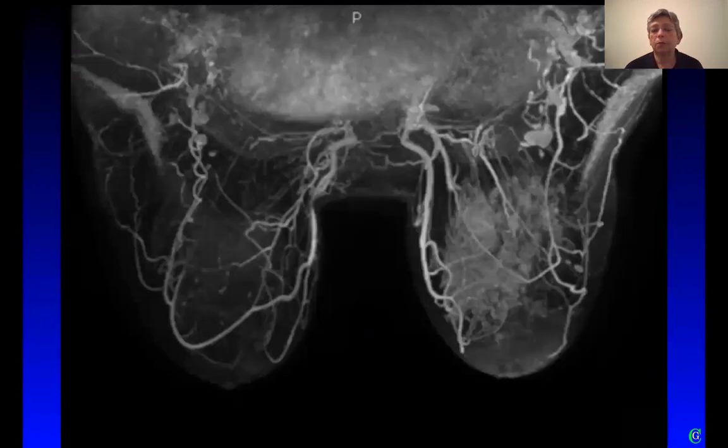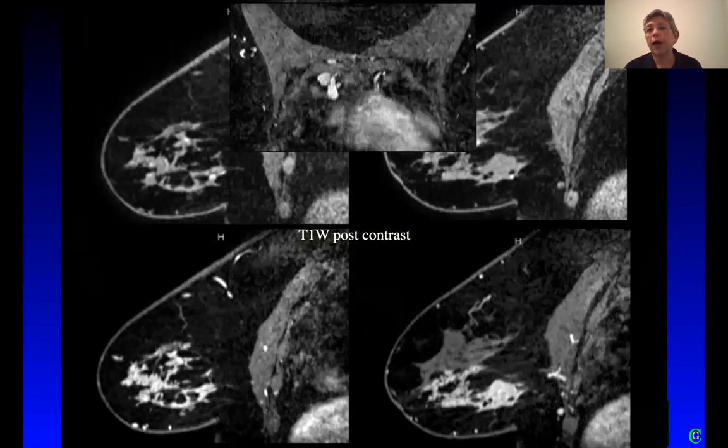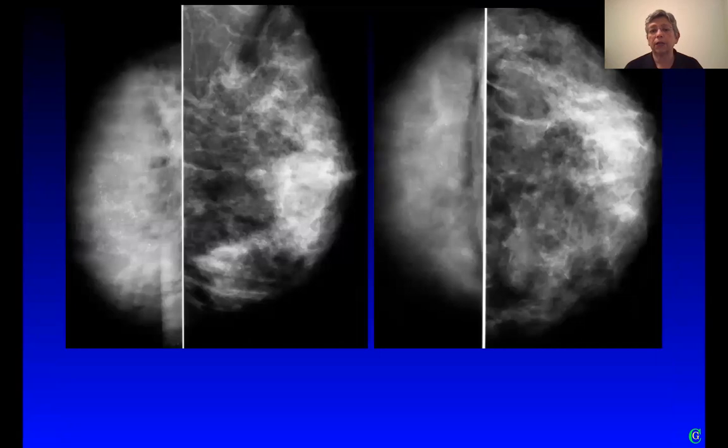Here's that patient's MIP image on the MRI, and you can see here the pre-contrast images and the post-contrast images. She has some dilated ductal structures and a significant area of enhancement associated with the asymmetry identified mammographically. She also had intramammary and supraclavicular lymph nodes at the time of diagnosis.